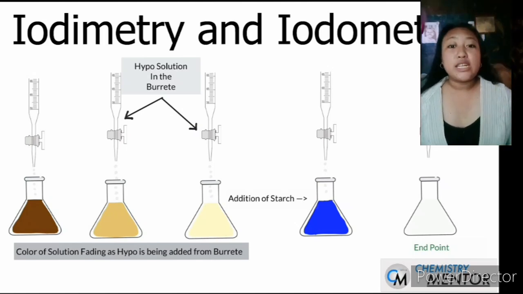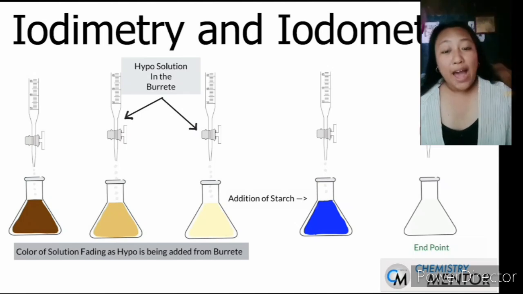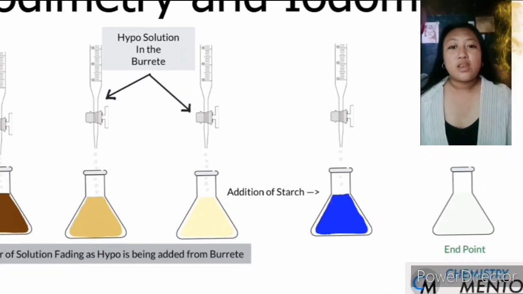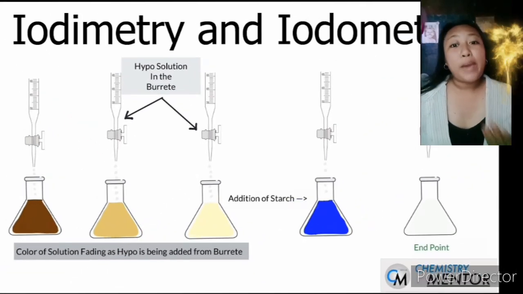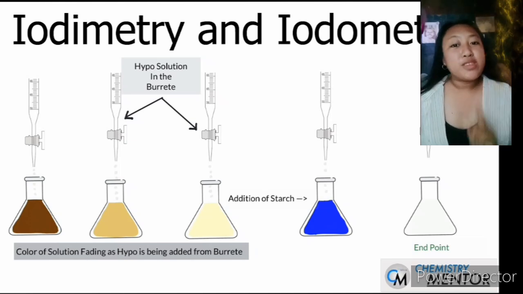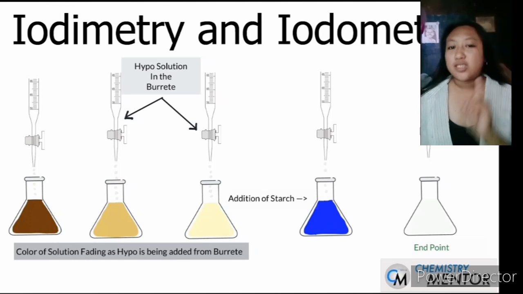From these 2 to 3 drops, it will change colors, like brown, then yellow, until it becomes pale yellow. And from this pale yellow, we'll now be putting our indicator, which is the starch.